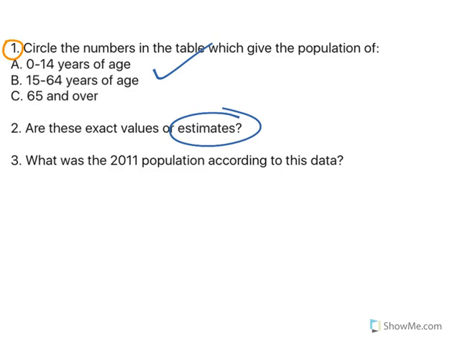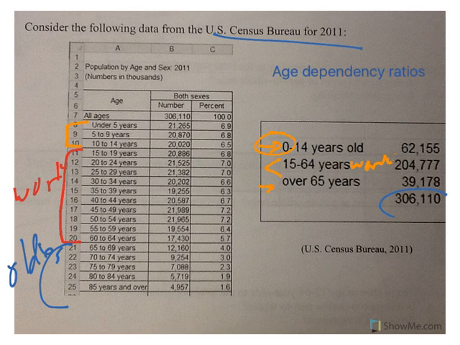What was the population according to this data? Well, here's the total, but I'm sorry, there's more than 306,000 people in the U.S., and you can see here it says number in thousands. This is where the fine print or the title of graphs really makes a difference. Thousands means 3 decimal places.